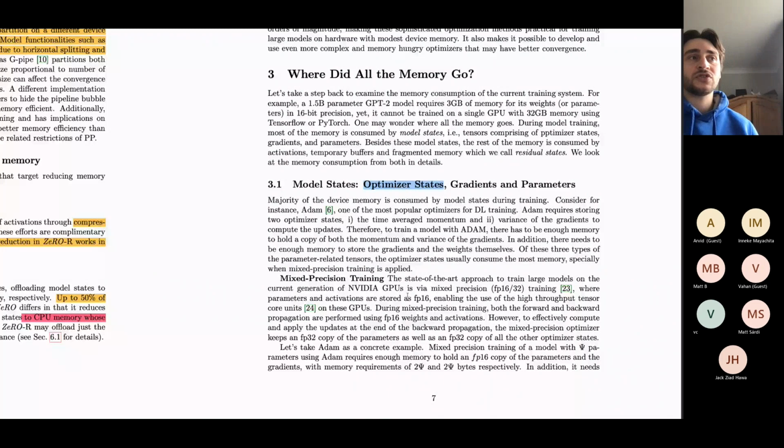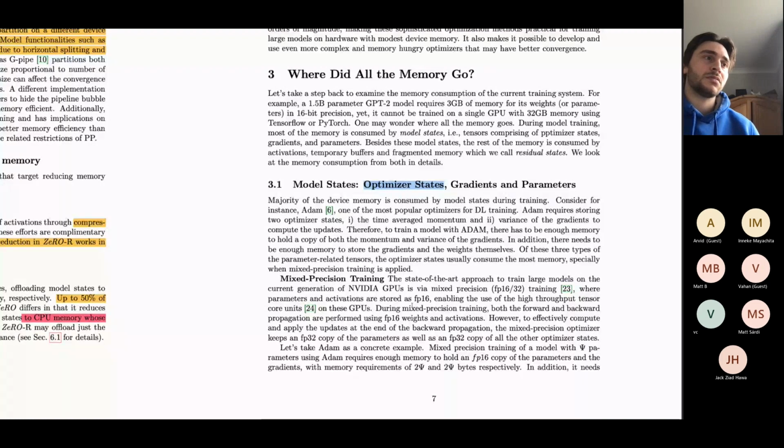The state-of-the-art approach to train large models on the current generation of NVIDIA GPUs is via mixed precision floating point 16 and 32 training, where parameters and activations are stored in floating point 16, enabling the use of the high throughput tensor core units on these GPUs.